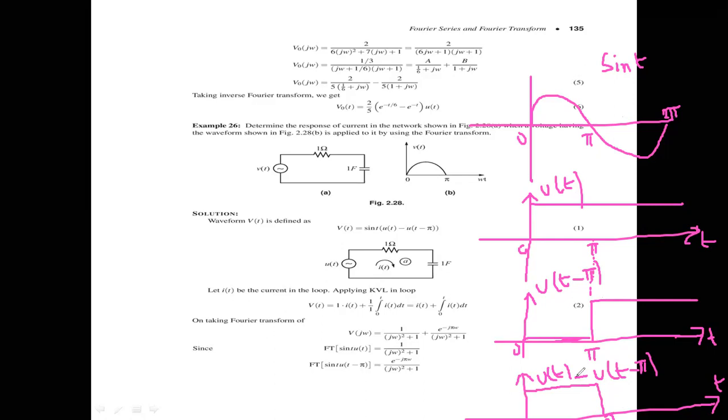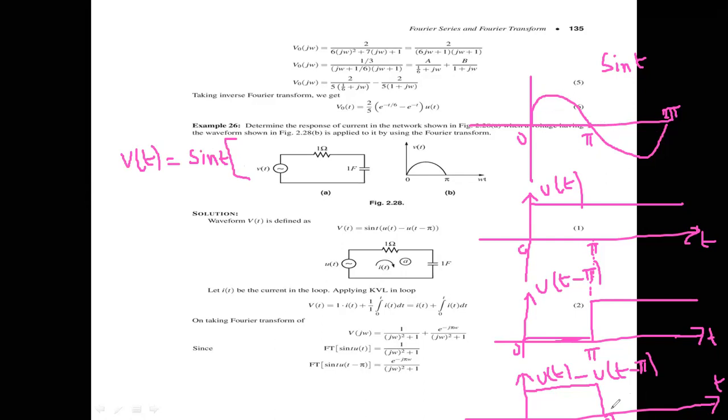Okay. Now you can multiply these two functions. The first one is sine, so v of t is equal to sine t, whole multiplied with these two functions. Here from 0 to pi there is a sine wave, the positive half cycle.